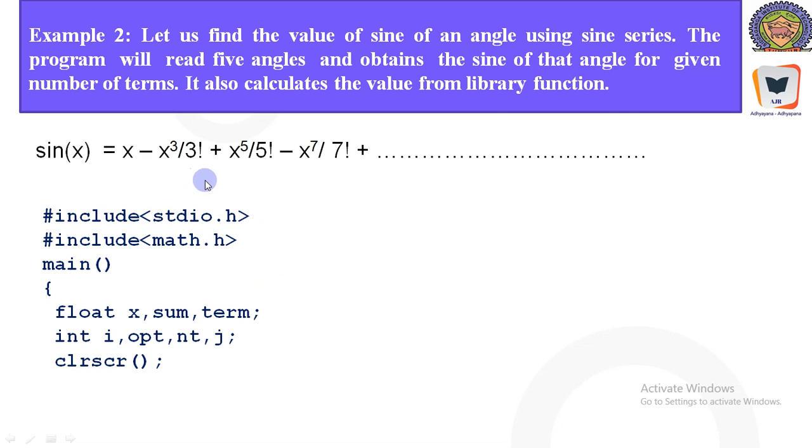If it is a third term, the numerator will be x to the power of 5 and the denominator will be 5 factorial. And here these particular variables: one integer i to run the loop, option, whether the user selects the accuracy value or the number of terms, nt number of terms, and j, which is also meant for the loop.